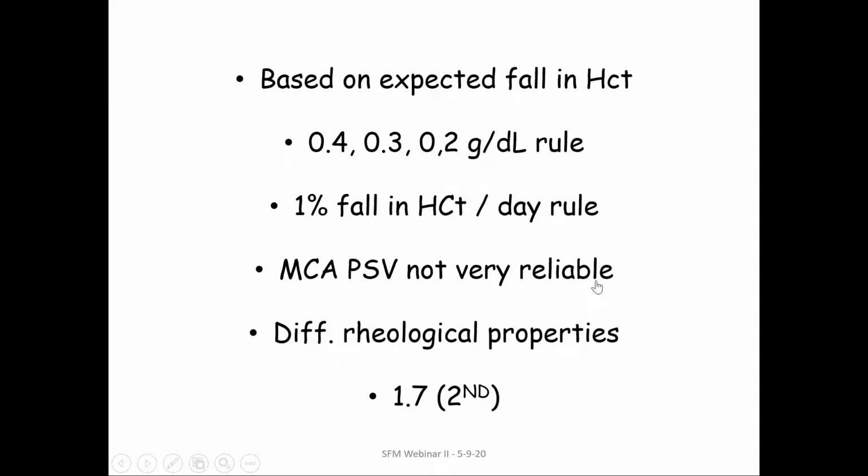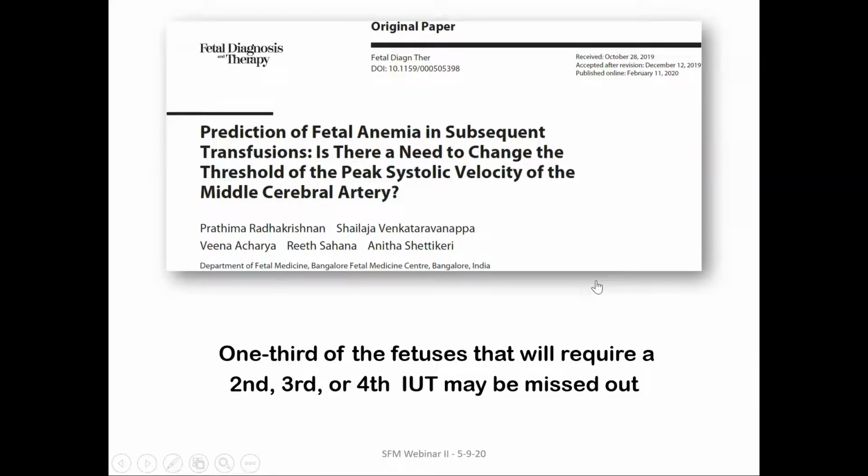Now, there have been studies that have suggested using a slightly higher cutoff of 1.7 MoM rather than 1.5 MoM to do your second transfusion. There are studies that have also said you can use a cutoff of 1.9 MoM for your third transfusion. However, this is debatable, as Dr. Pratima and her group from BFMC have shown in this very recent paper. If you choose to use 1.7 rather than 1.5 as a cutoff, there is a risk that you run.